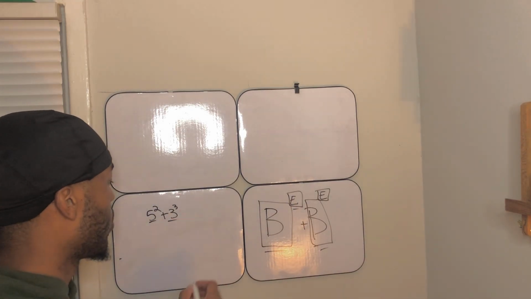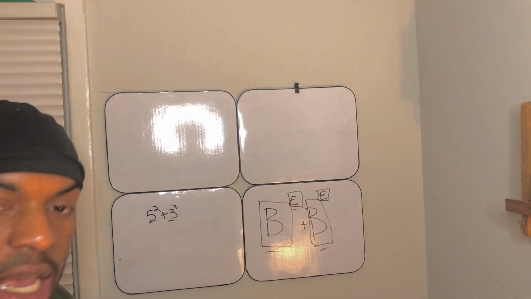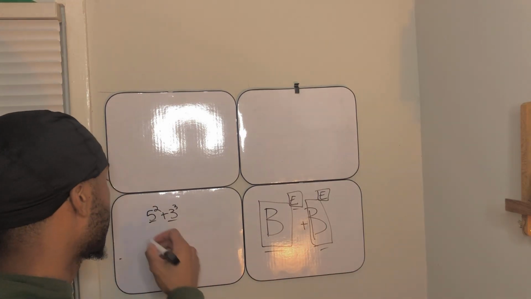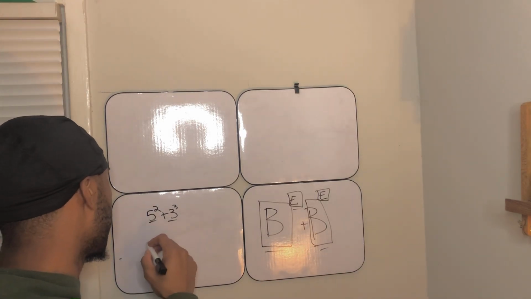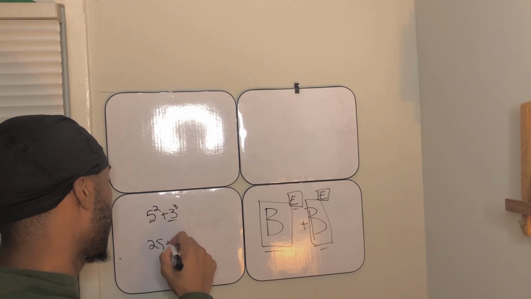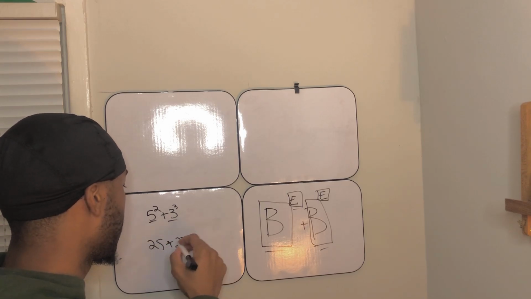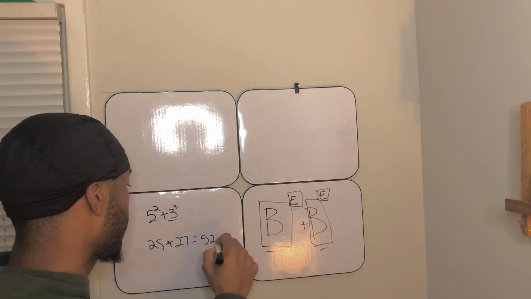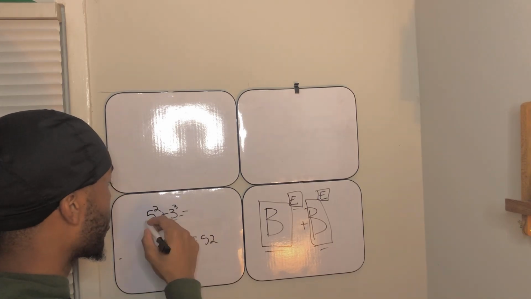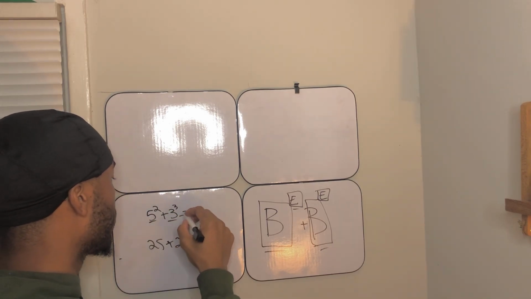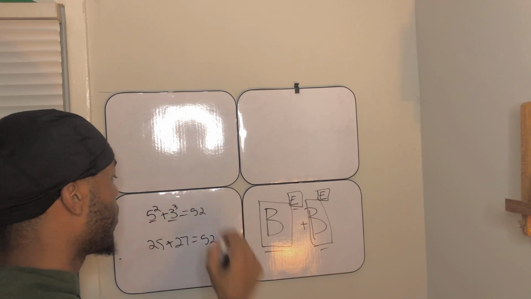So what we do is, again, we go through the calculation and then do the operation. So 5 squared is 25 plus 3 cubed, which is 27. That's going to be 52. So 5 squared plus 3 cubed equals 52.